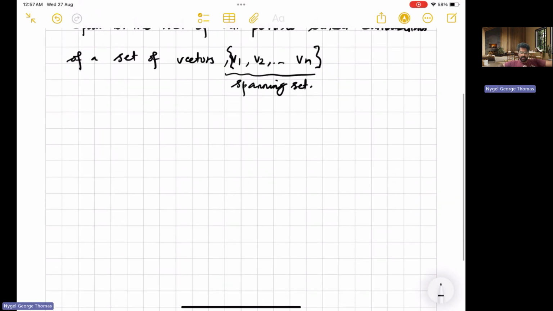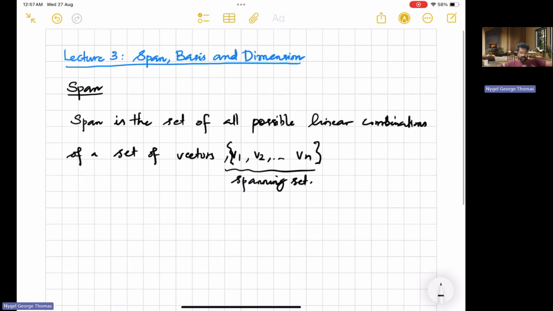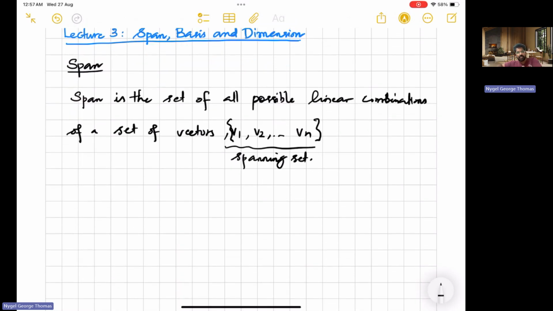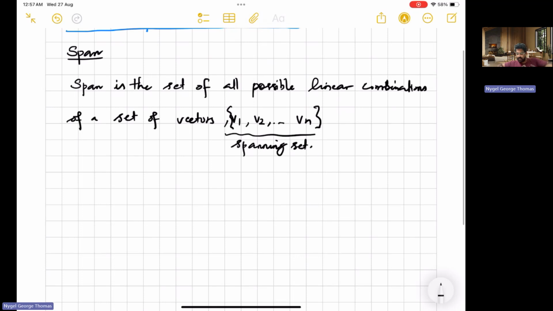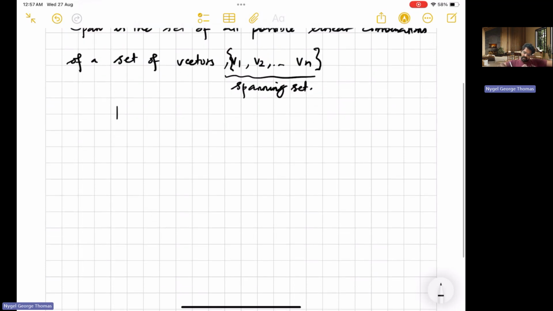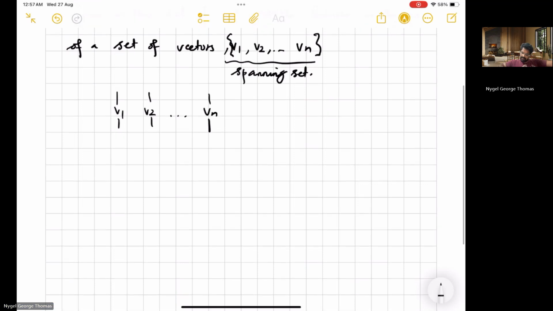So what does this mean? This is actually just extending the idea of linear combinations. Earlier we looked at vectors v1, v2, etc., vn.